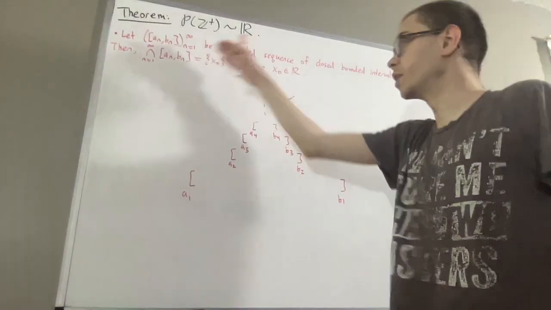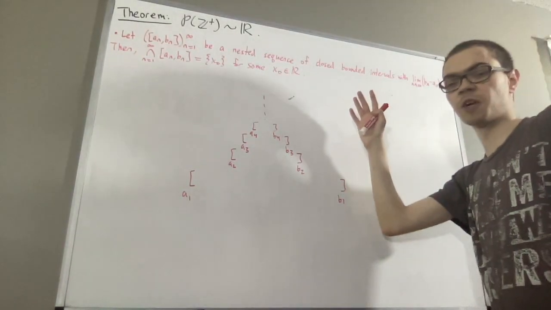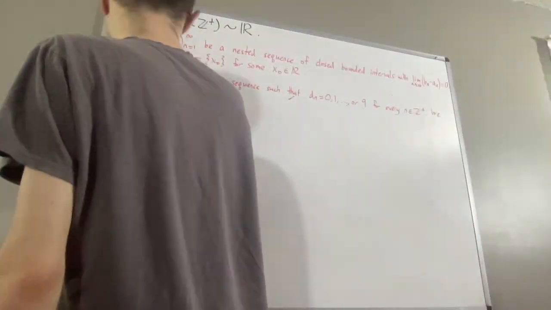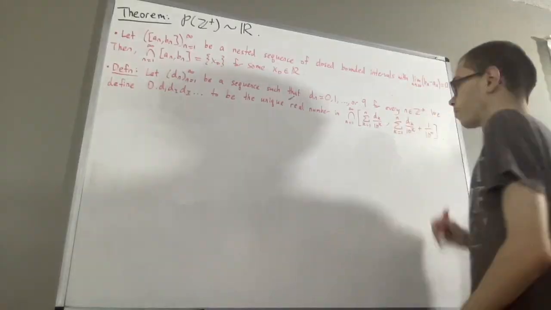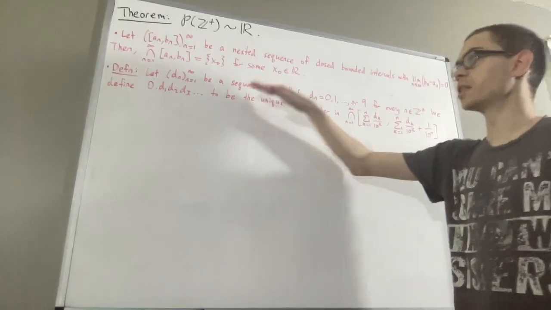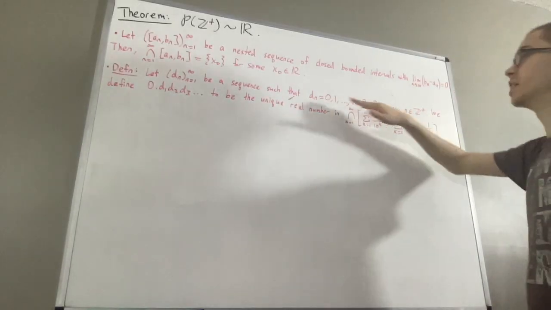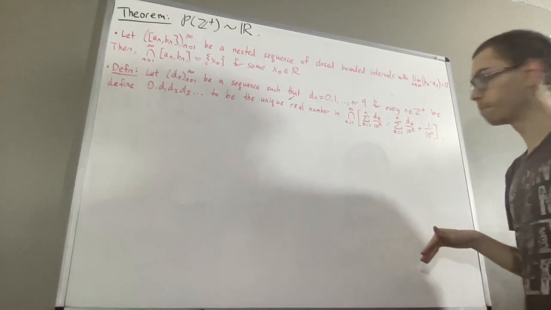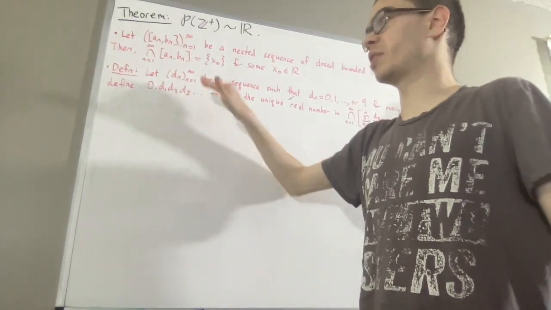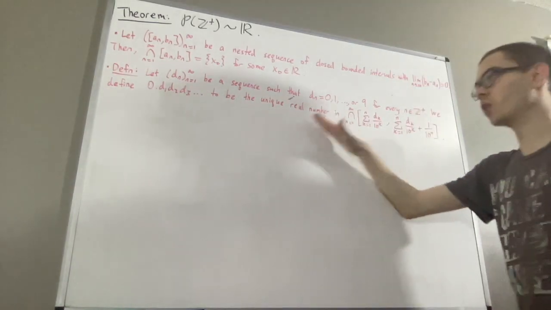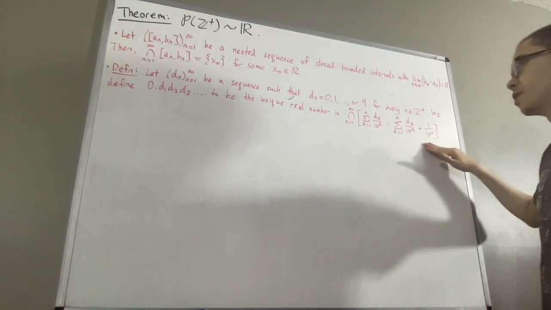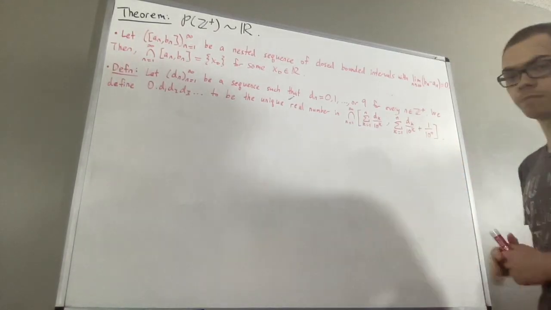Now, we can use this result to introduce the concept of decimal representations. So let d_n from n equals 1 to infinity be a sequence, such that every term in the sequence is an integer between 0 and 9. We define 0.d1 d2 d3 ... to be the unique real number which belongs to this intersection of closed intervals.